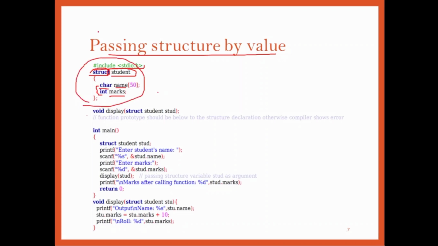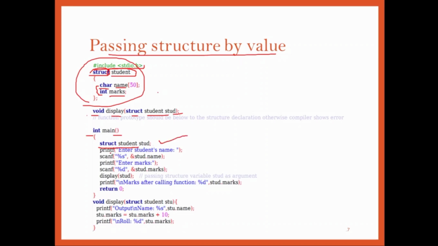Then we are taking the passing structure by value. Here void display struct student stud. The function prototype should be below the structure declaration, otherwise the compiler shows an error. Then int main, where I take struct student stud.